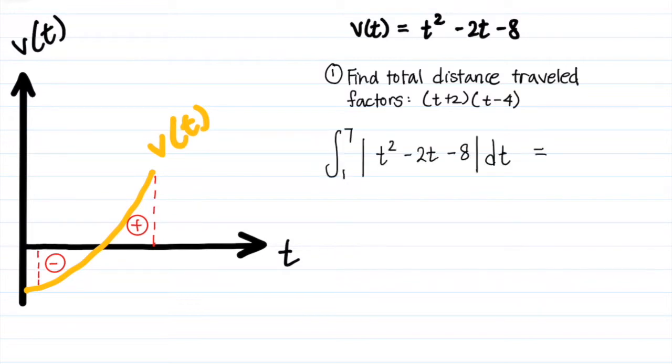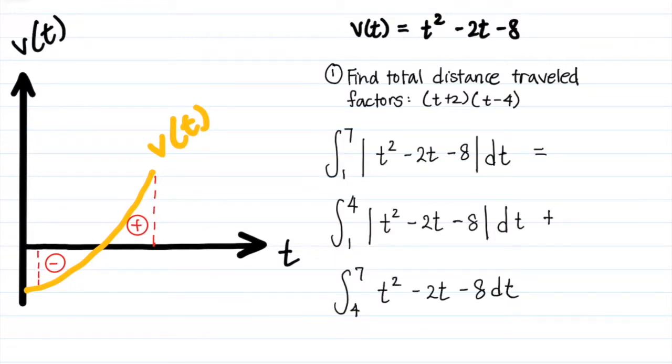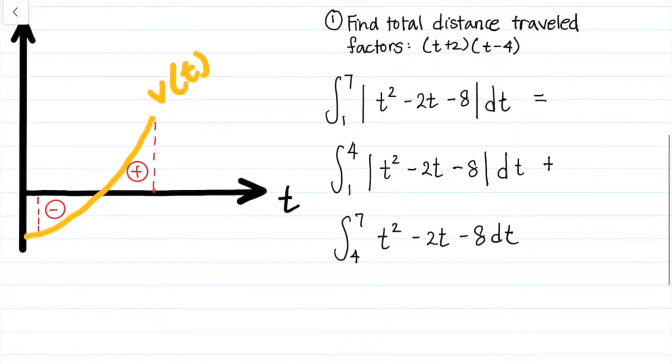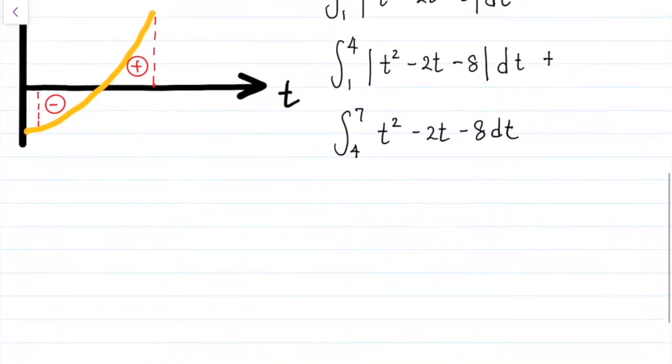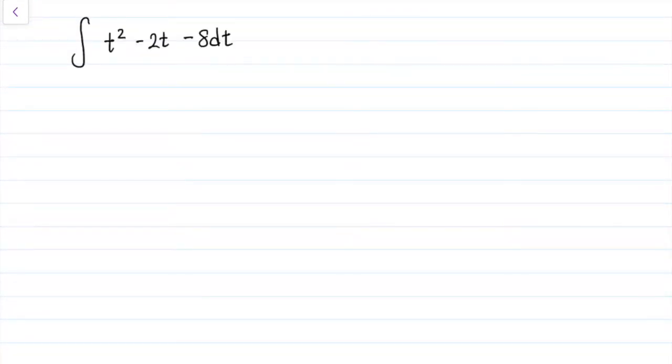This means that we're going to break up the interval for our integral by going from t equals 1 to t equals 4, and then from t equals 4 to t equals 7. After setting up our integrals, we're going to finish by computing and adding both of the integrals together.